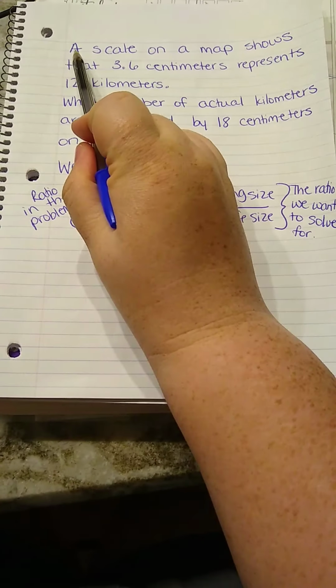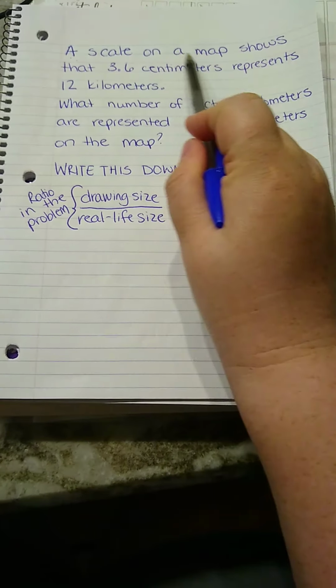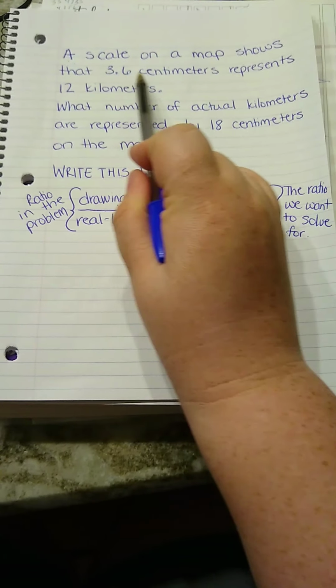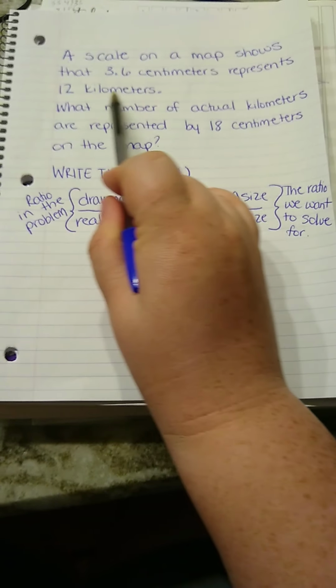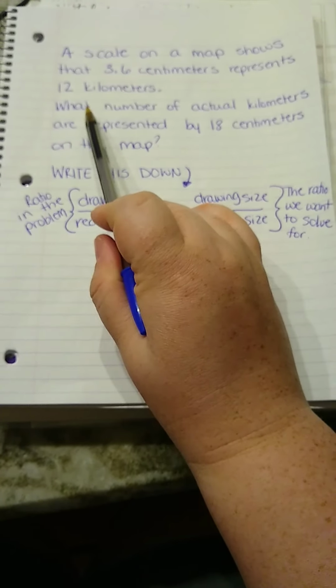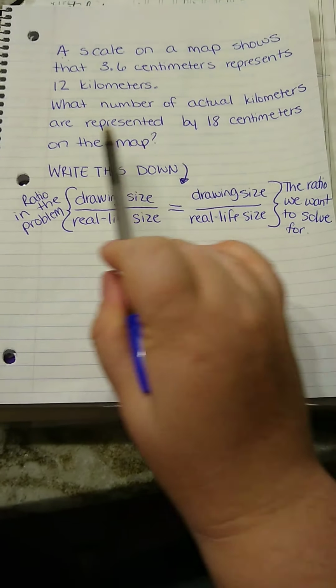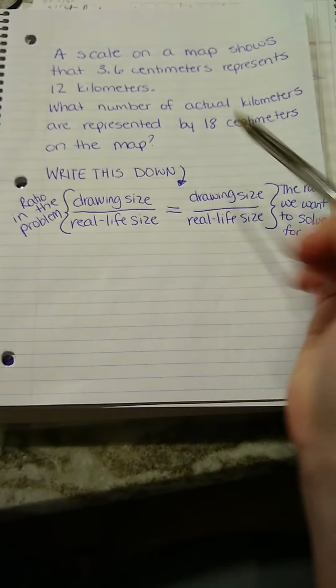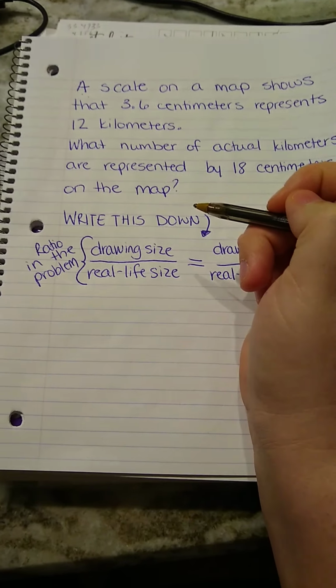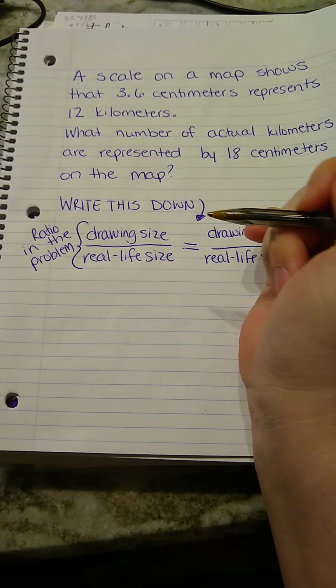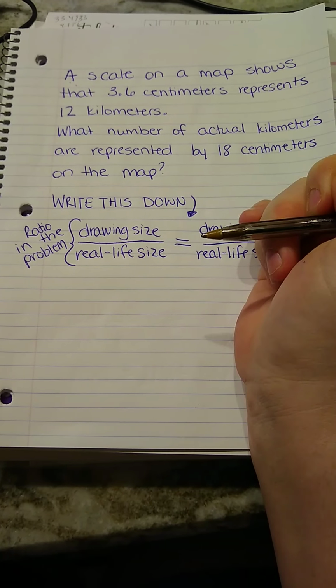Our question is, a scale on a map shows that 3.6 centimeters represents 12 kilometers. What number of actual kilometers are represented by 18 centimeters on the map? So our problem is broken up into two parts, and really every problem is.